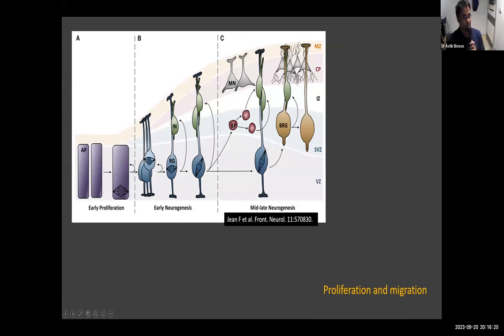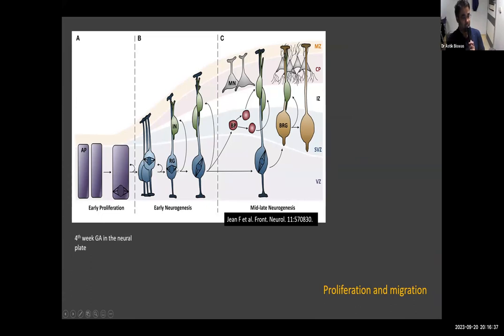Okay, so looking at early proliferation. So at this point, this begins in the 4th week of gestation age. So we have these precursor cells that proliferate, and then they form the apical radial glial cell.